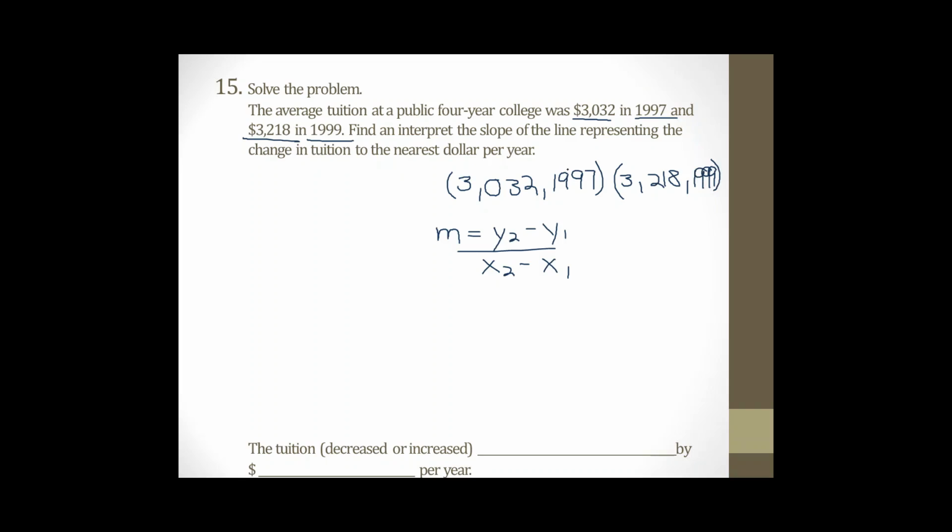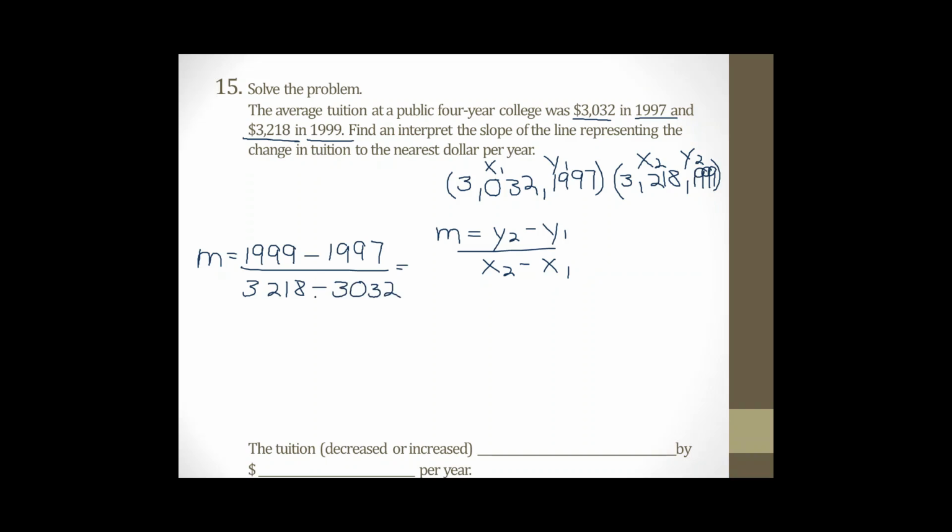And I can label my 2 points. Let me call this one x1 and y1, and this one x2 and y2. Now I'm plugging this into my slope formula. So y2 is 1,999 minus y1, which is 1,997, all that over 3,218 minus 3,032.